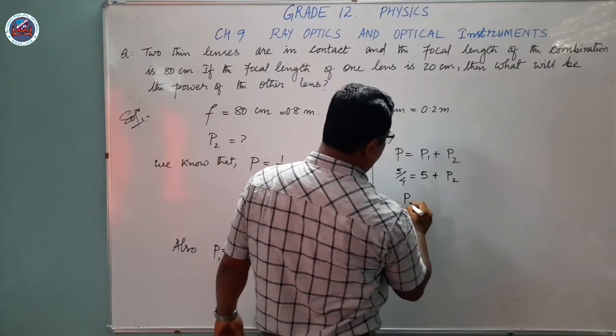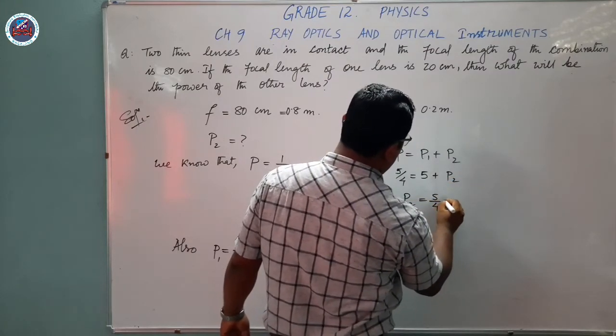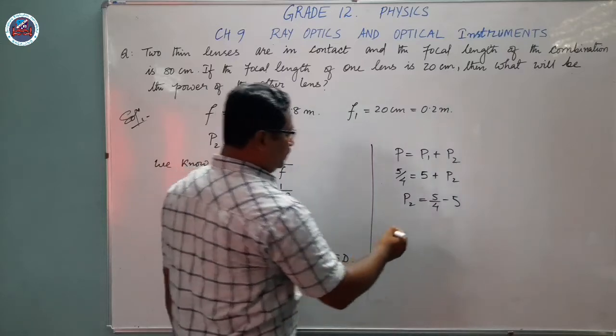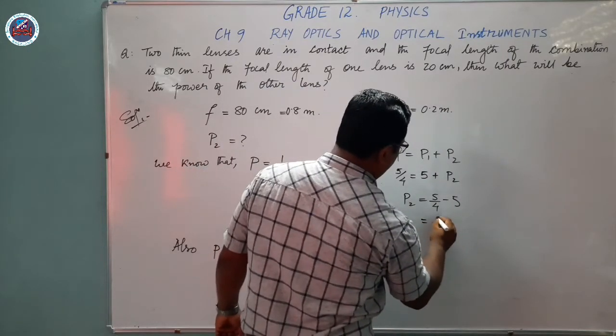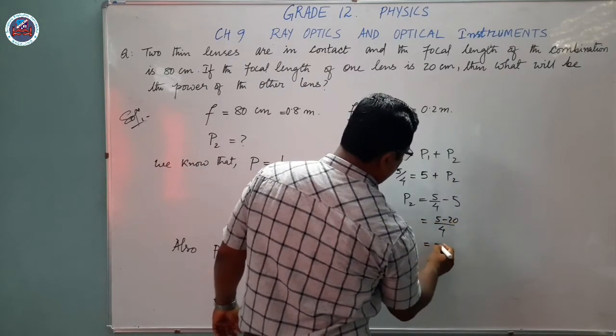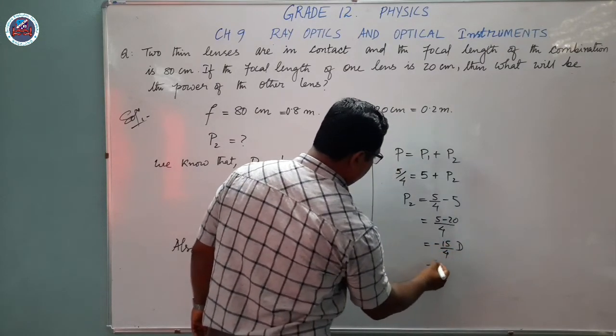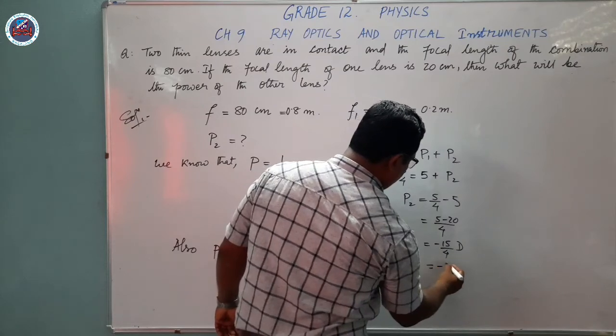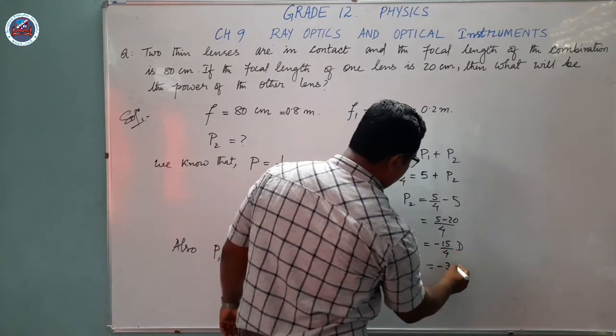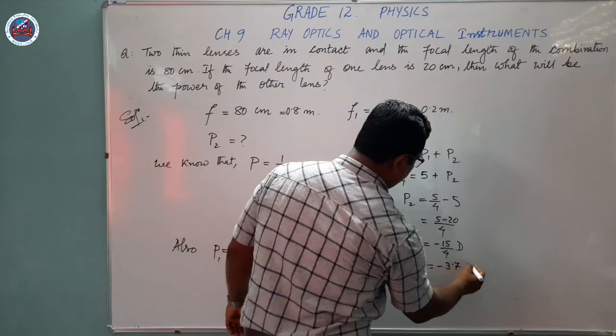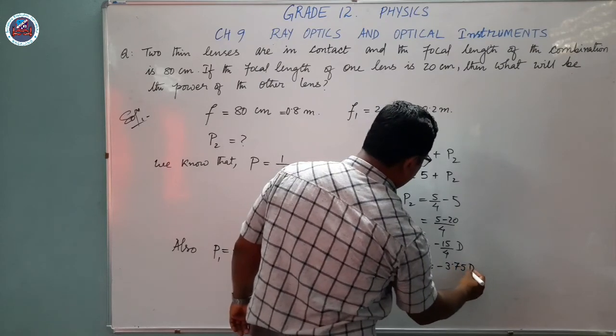So P2 will be 5 by 4 minus 5. Taking the LCM 4, it is 5 minus 20, so it is minus 15 by 4 diopter. Or you can divide it: 4 3s are 12, remainder 3, and so on, giving about minus 3.75 diopter.